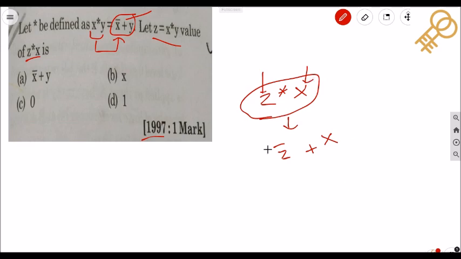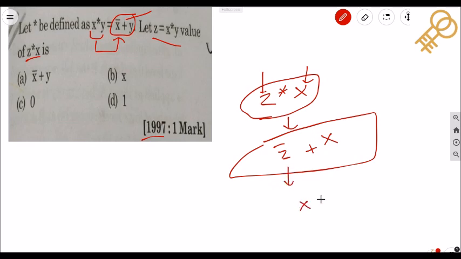So I have written the expression according to the given expression, right? Now they have told again to replace z with x star y. So we'll replace this z with x star y, so that is x star y, I have replaced, and the complement is already there, and the x is there.